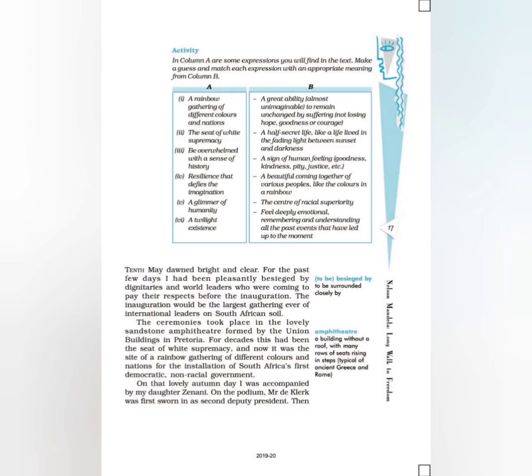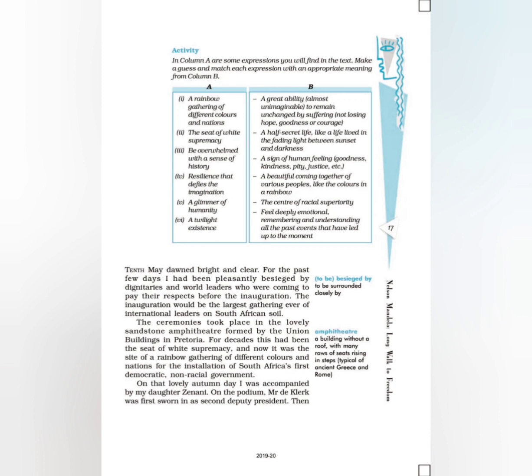This shows that even though there are some countries and some people ready to rule over another country, the majority of the people are ready to support the democratic government and ready to wipe out slavery, which gives extra support to Nelson Mandela in his further days.